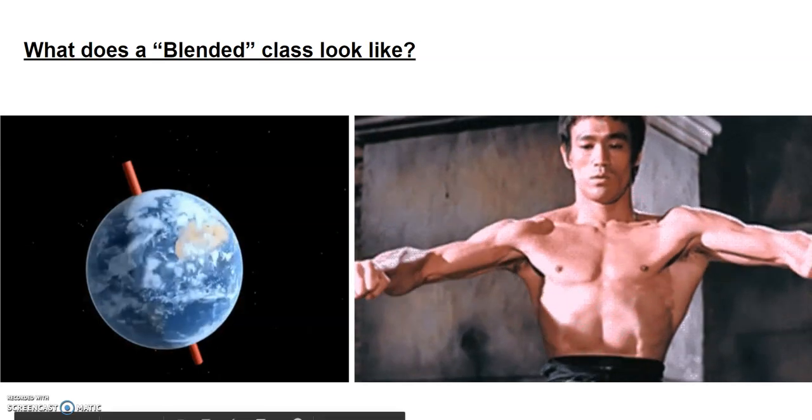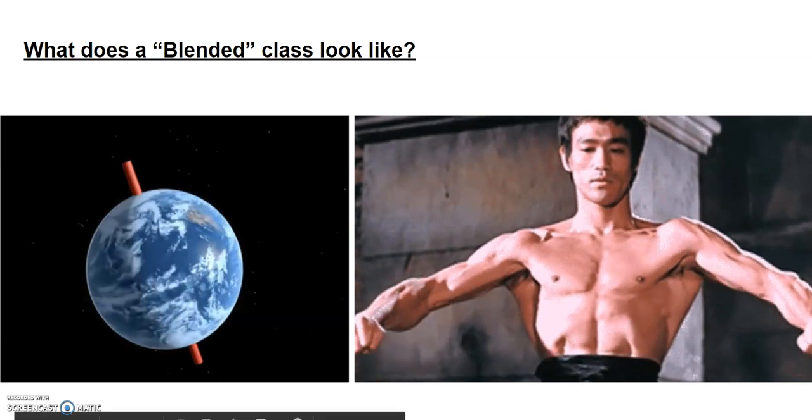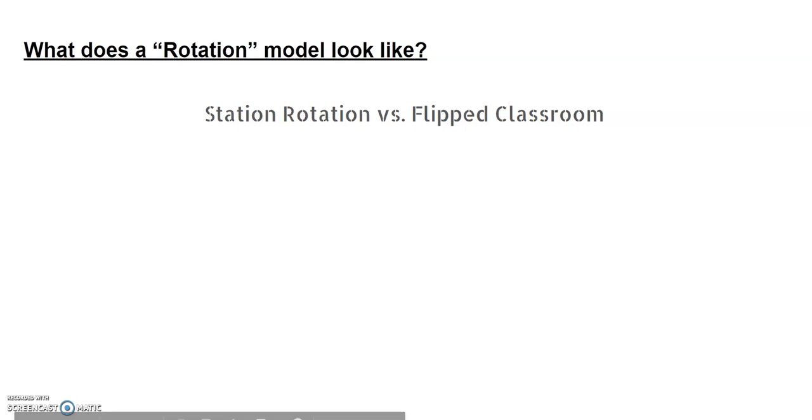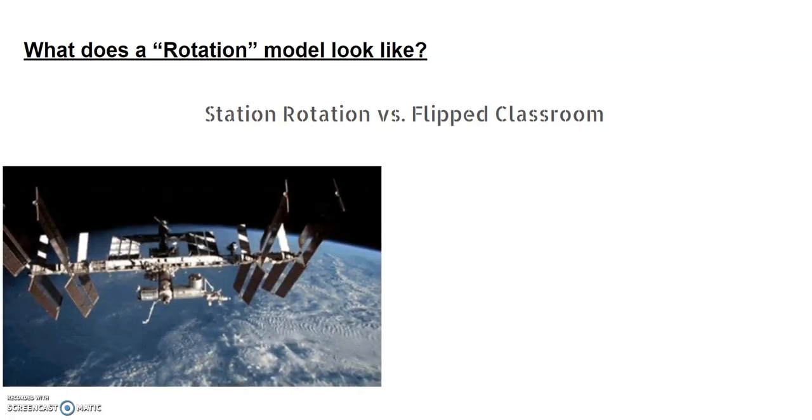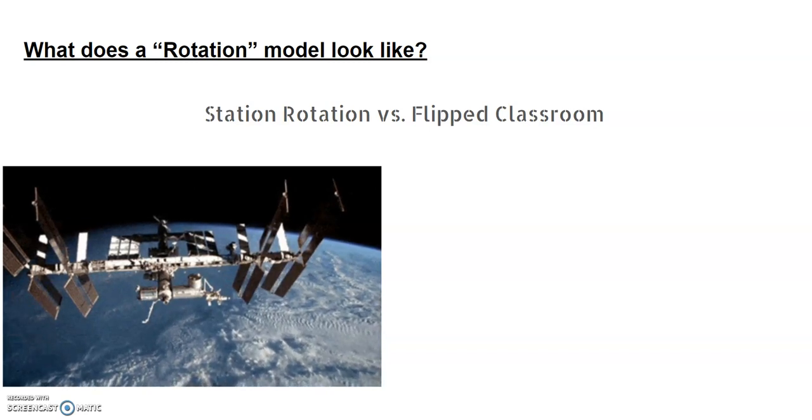Let's look a little bit at the rotation model because many of us probably already use aspects from this. So station rotation and flipped classroom are 2 of the main components of a rotational model. The station rotation model is where students have different stations that they will rotate through.